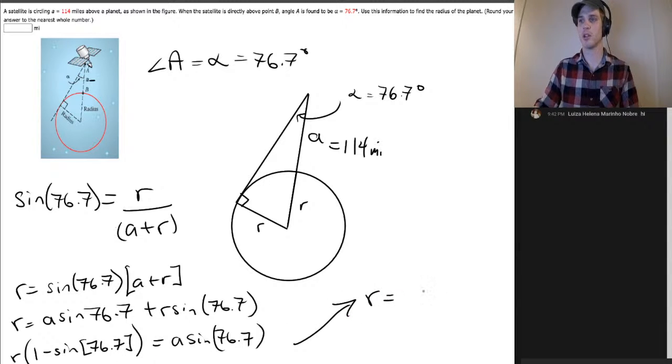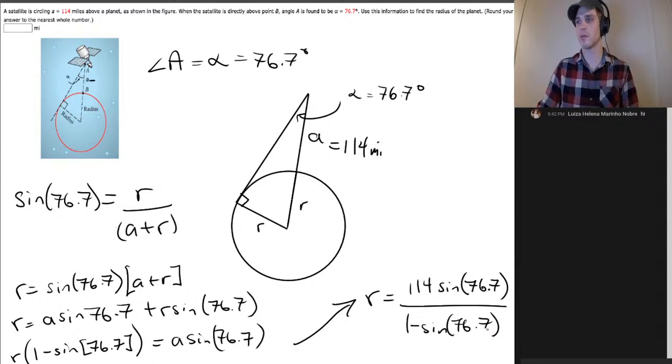That gives me r equals a, which is 114 miles, times the sine of 76.7 divided by 1 minus the sine of 76.7. And this is something you can just throw into the calculator. 114 sine of 76.7 divided by 1 minus sine of 76.7.